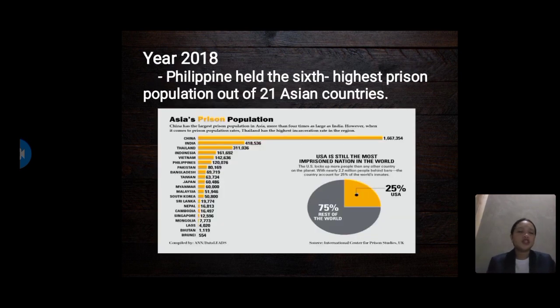In 2018, I saw that the Philippines held the sixth highest prison population out of 21 Asian countries. That's a lot, and we are not proud to say that we have the sixth highest prison population of 21 Asian countries.